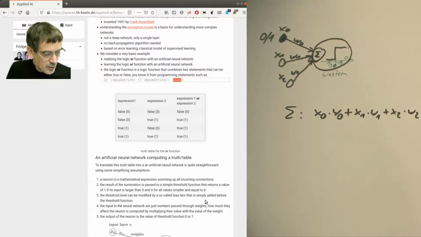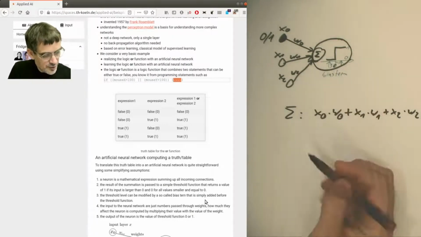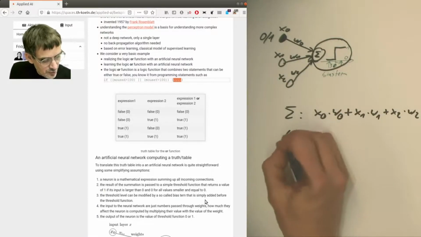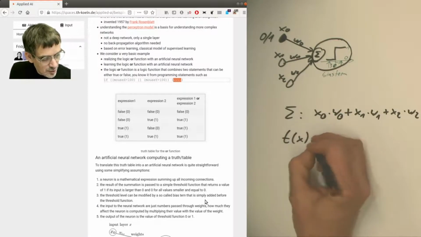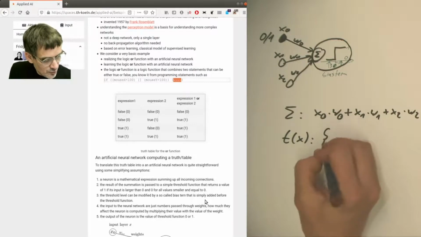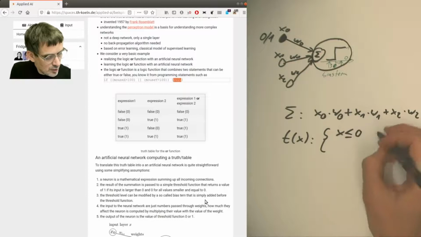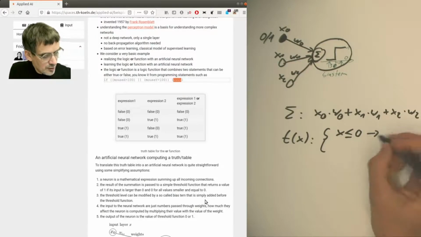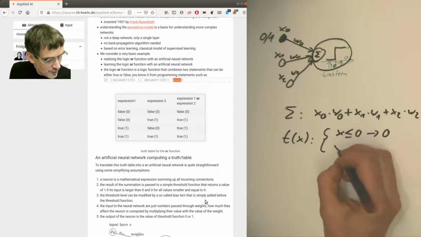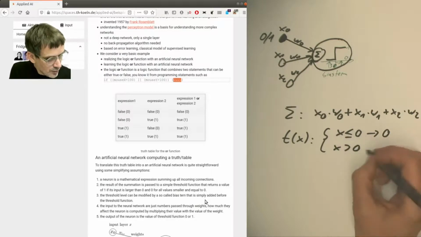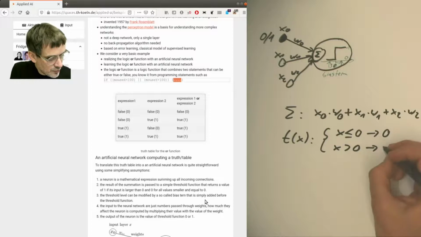The threshold function itself, if we call that t of x, is defined as follows. For x smaller or equal to 0, it gives 0 as result, and for x larger than 0, it gives 1 as result.